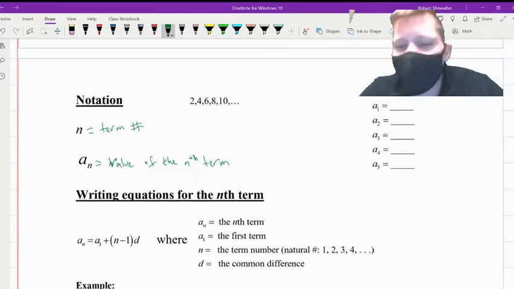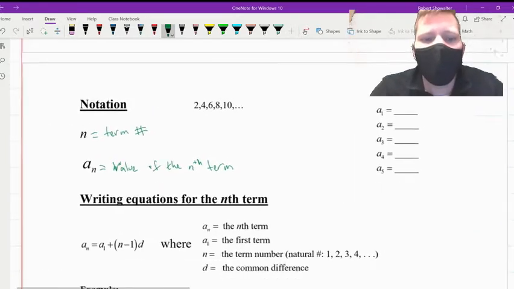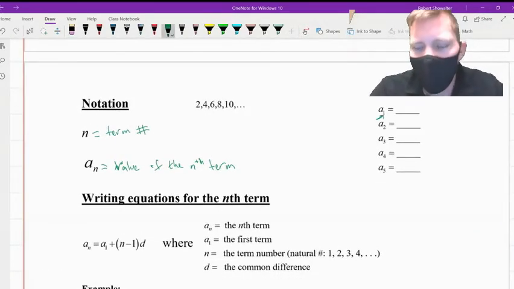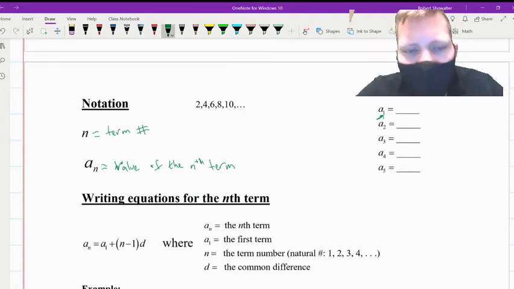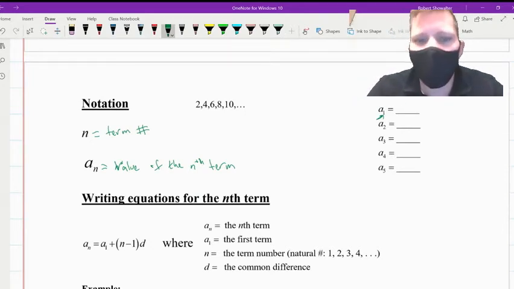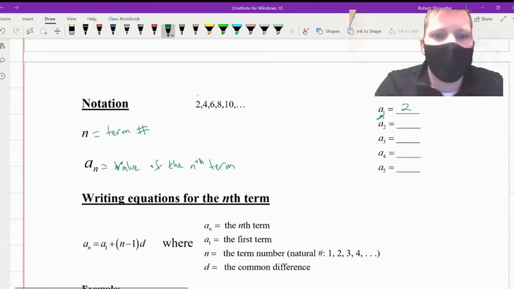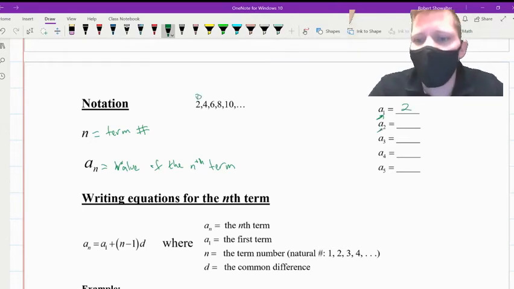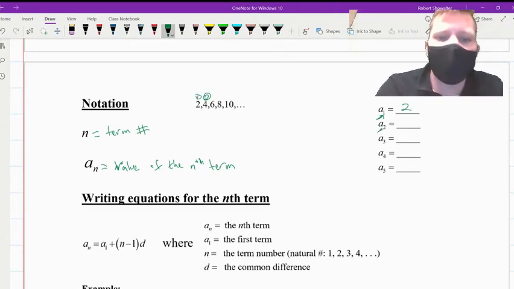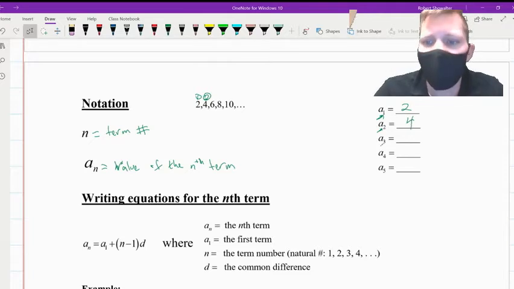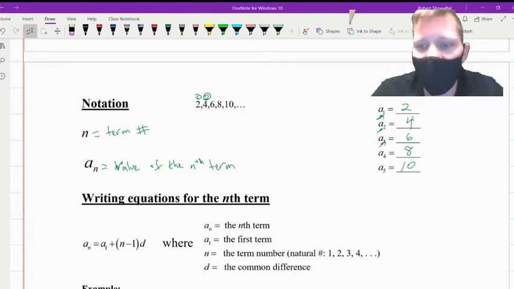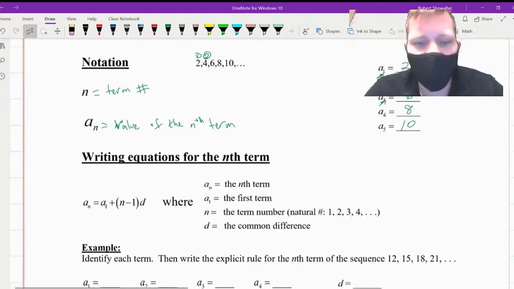As an example, if we have term number 1, a sub 1, we would ask, what is the value of the first term? We would say it's 2. That would be the first term. What is the value of the second term? It would be 4. What is the value of the third term? 6. Fourth term, 8. Fifth term, 10. What are the values of those terms?